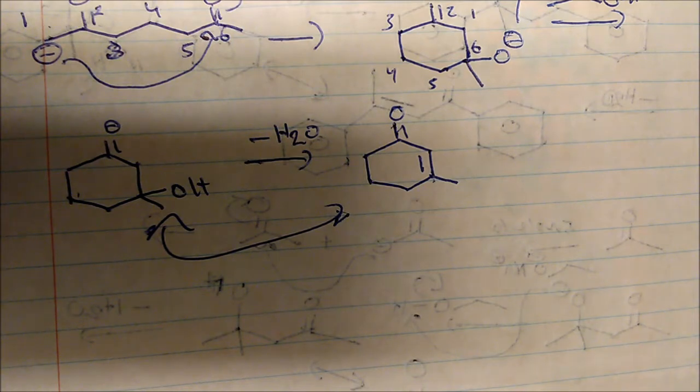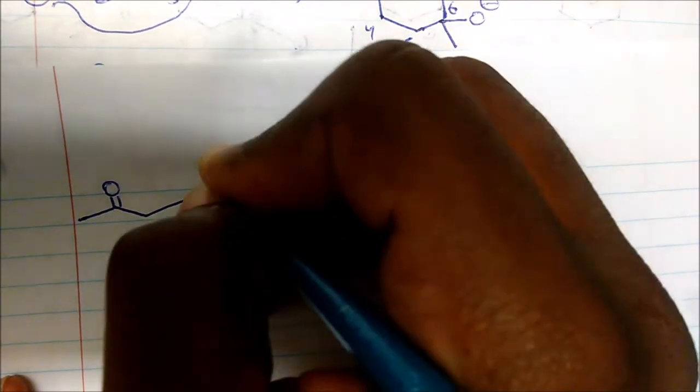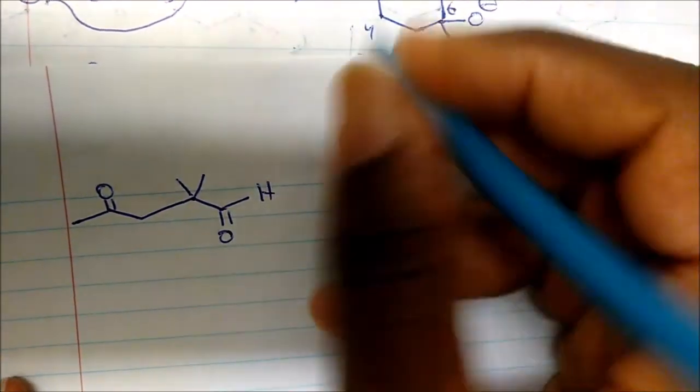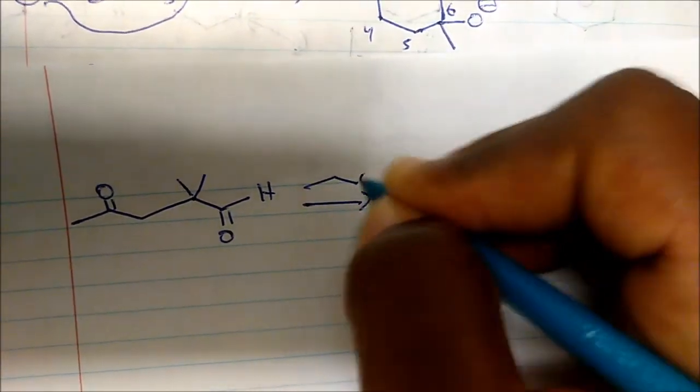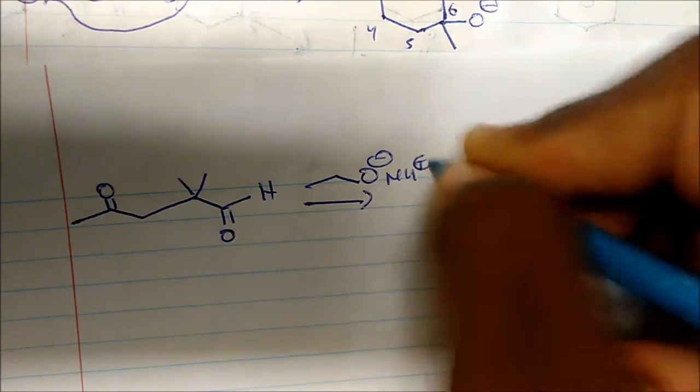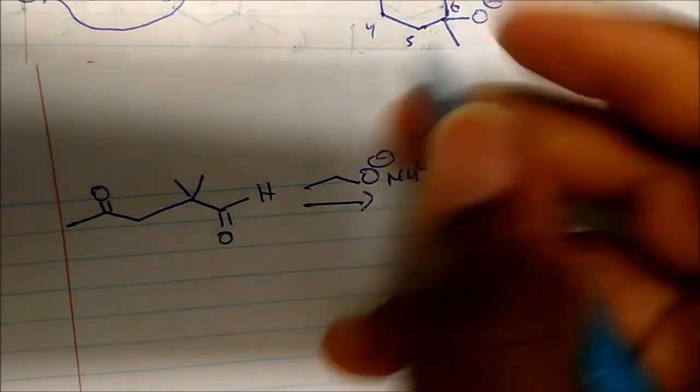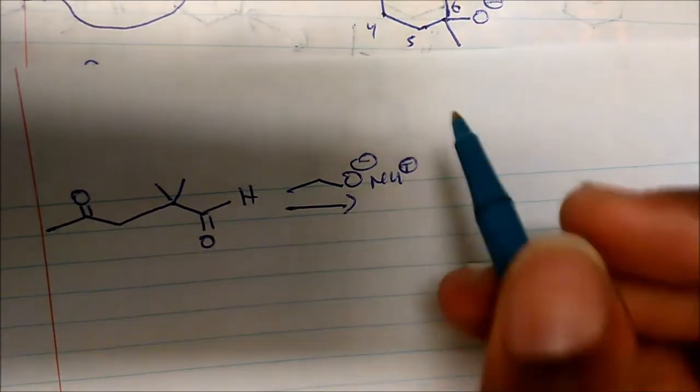Yeah. So I want to take a look at one more last one when we talk about the synthesis of these compounds. So if I take this compound here and I add sodium methoxide, well, I'm gonna get deprotonation.